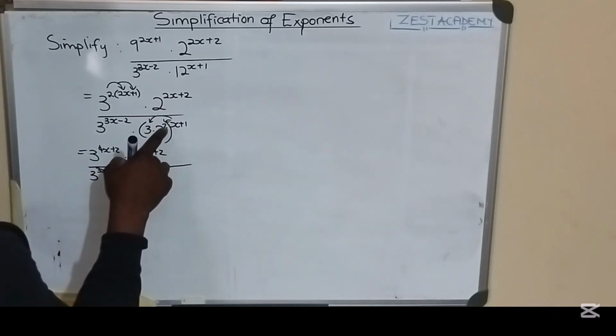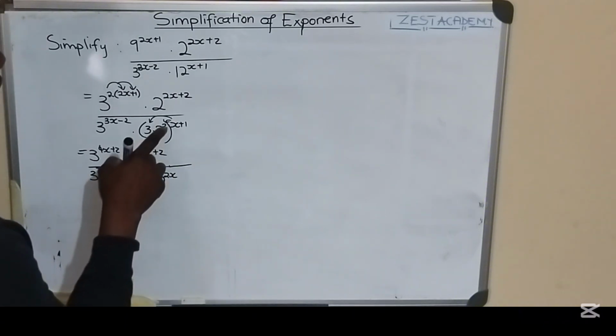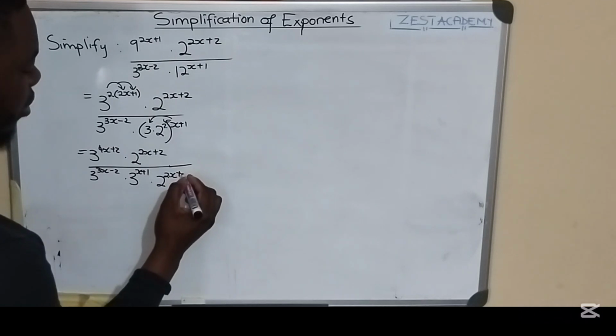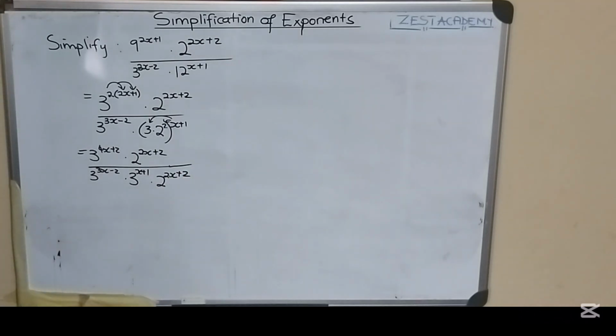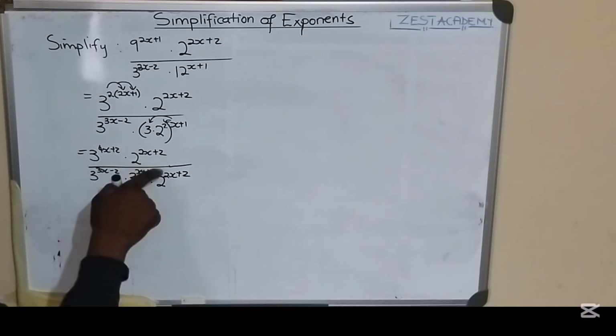Then if we multiply this, we obtain 2x, 2 times x, then 2 times 1, plus 2, like that.